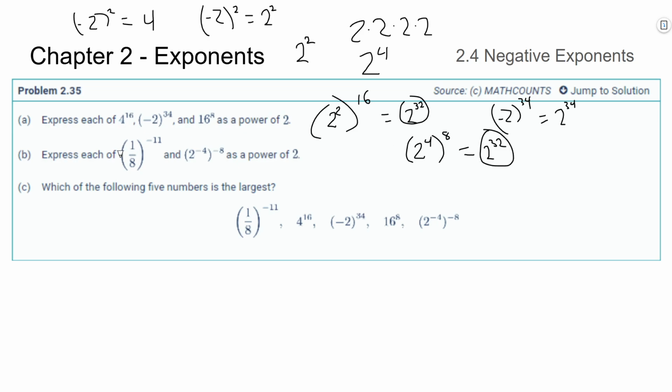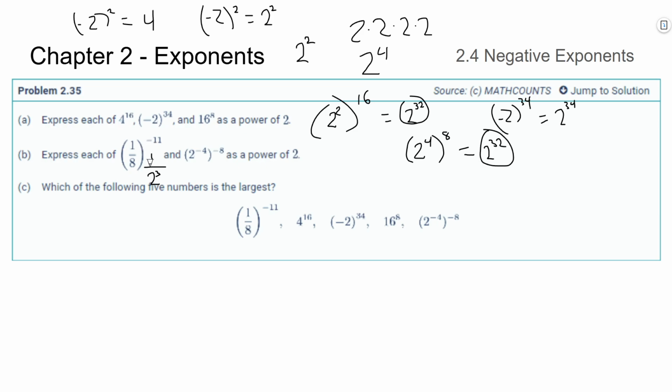All right, and where are we at here? So can I express these as a power of 2? All right, so 1/8. We know 8 is a power of 2. So this would end up being 1 over, if you remember your powers of 2, for 8, that would be 2 to the 3rd, or 2 cubed.